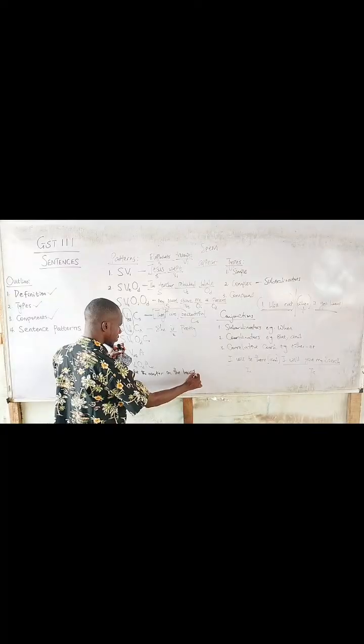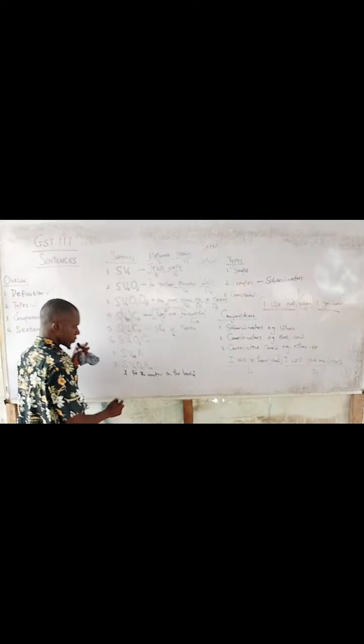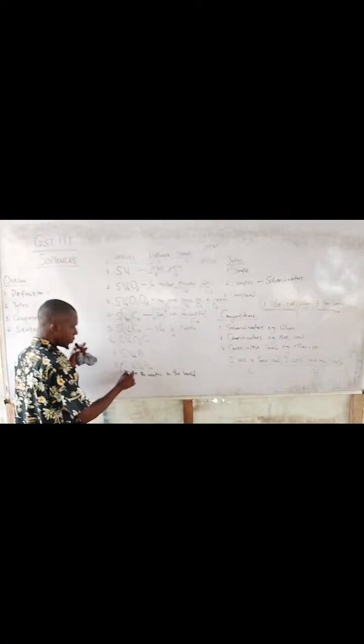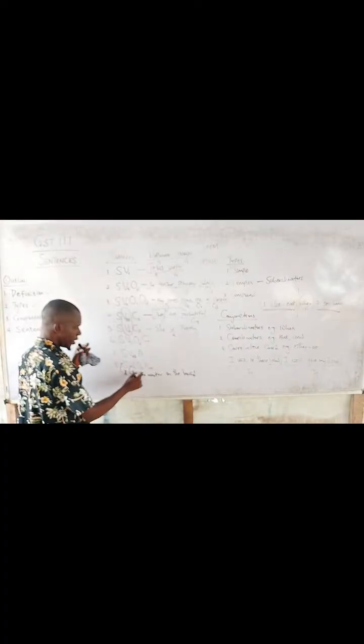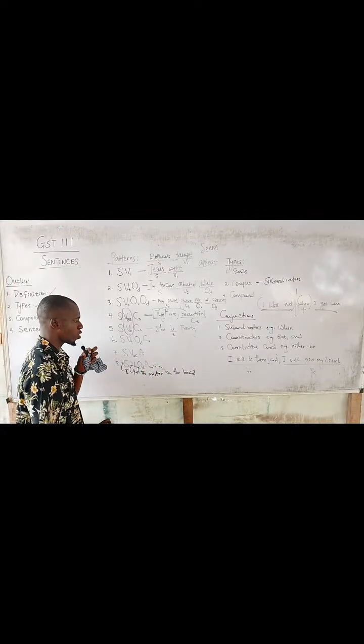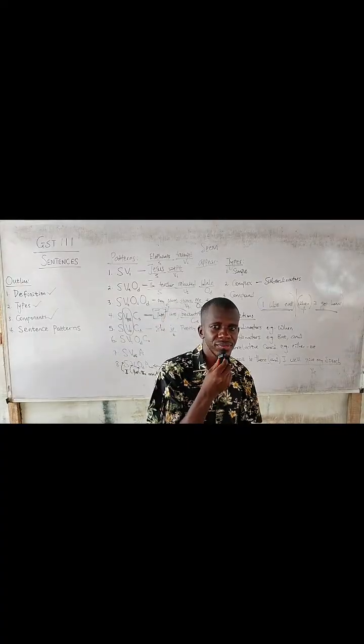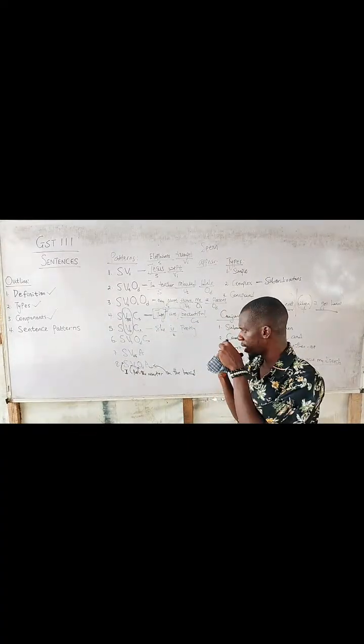You see that? Good. So I put the marker on the board. I is the subject, put is the transitive verb, the marker is what we call the direct object, on the board is what we call the adverb of location. Do you see that? Excellent.